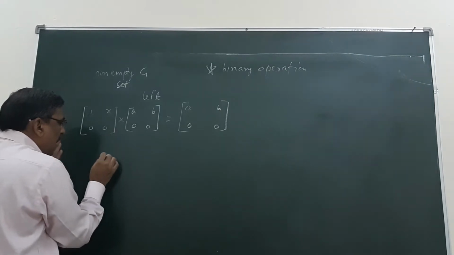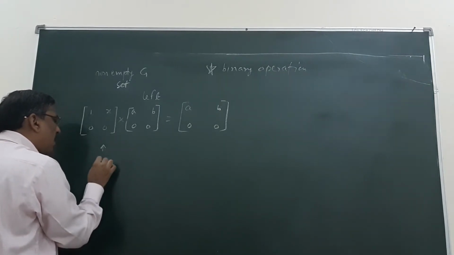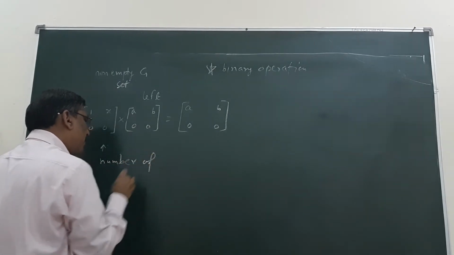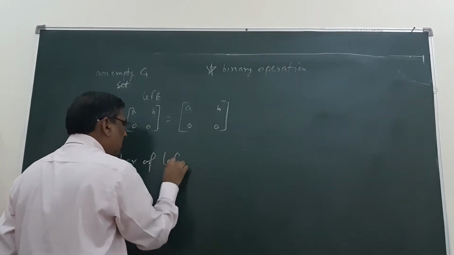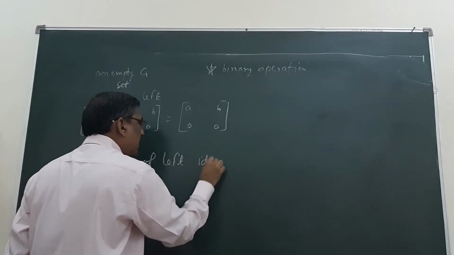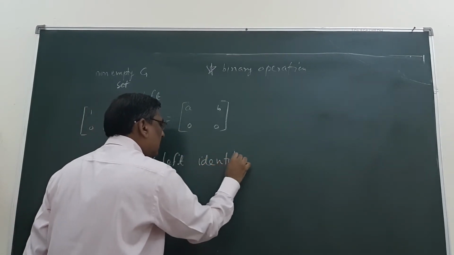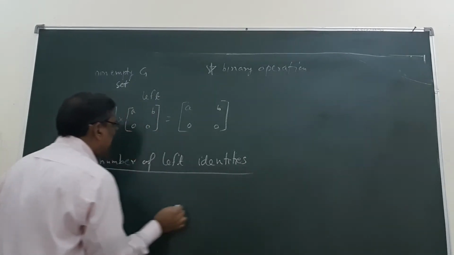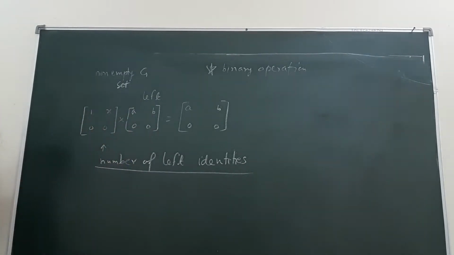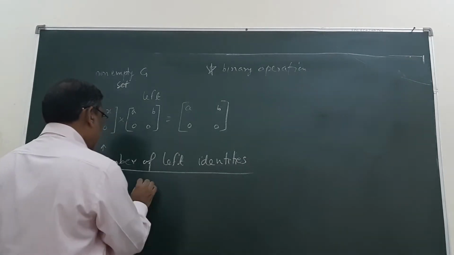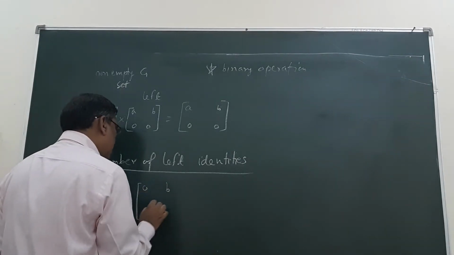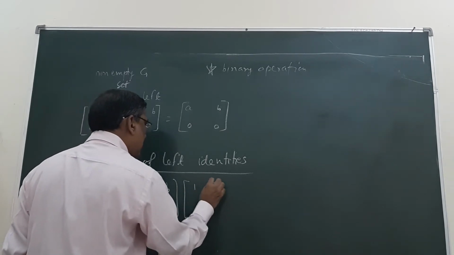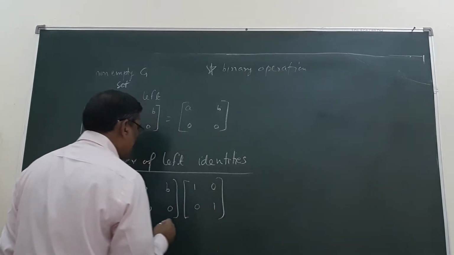So these are the number of left identities that exist here. But for this matrix [A, B; 0, 0], the right identity is [1, 0; 0, 1].